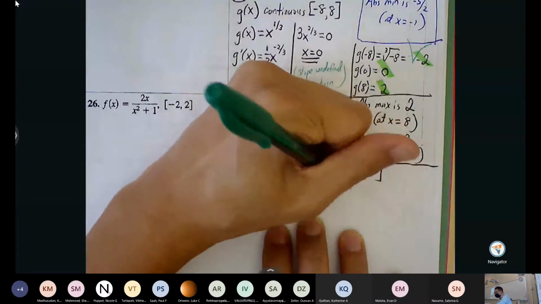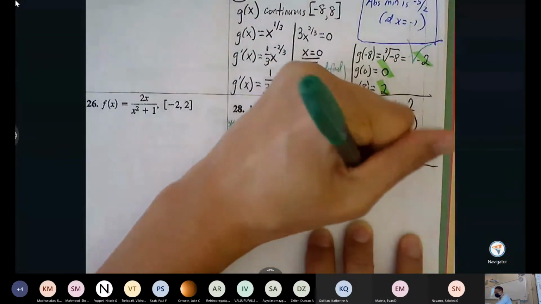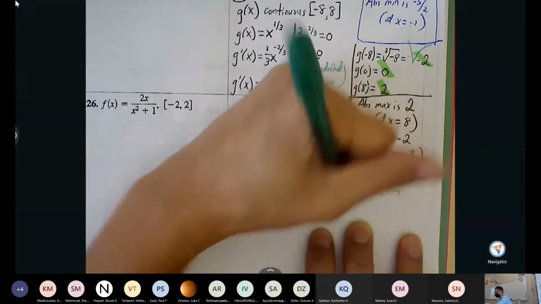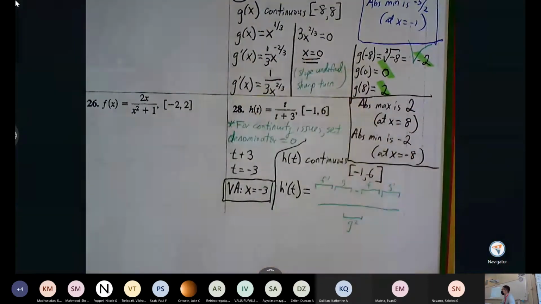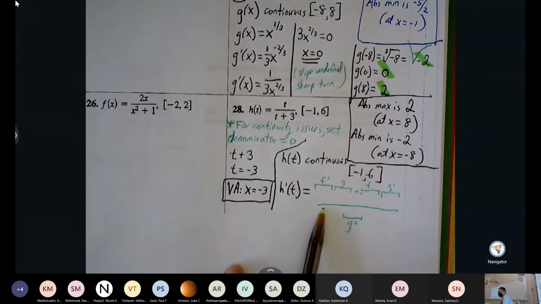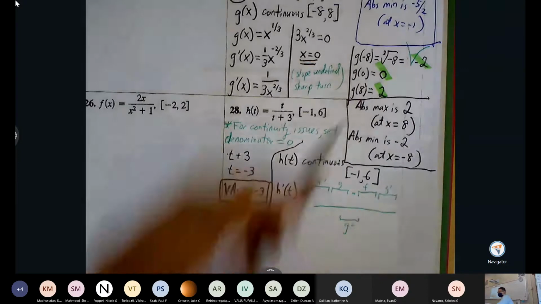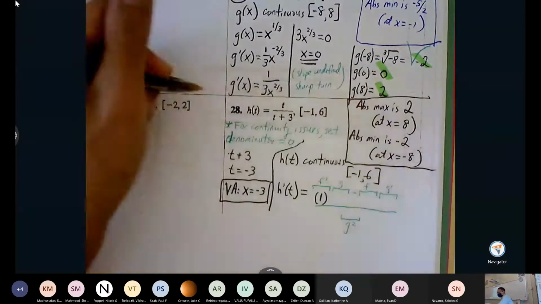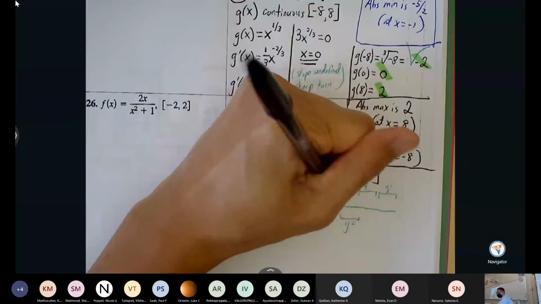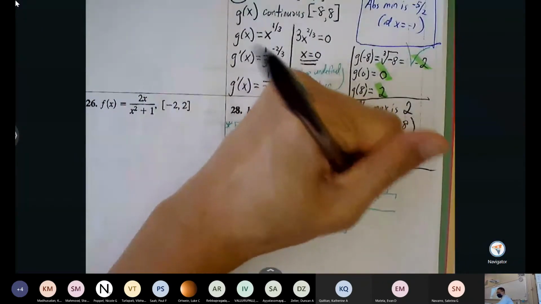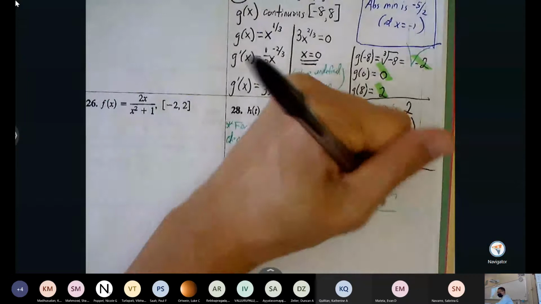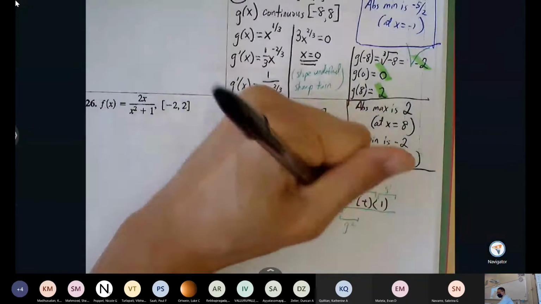F prime times G minus F G prime all over G squared. F prime is 1. Back to F, G prime, G squared.